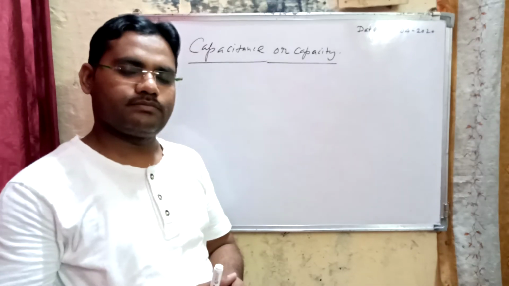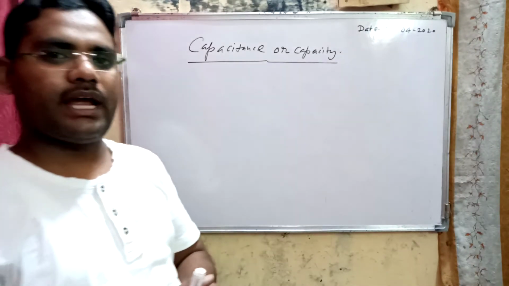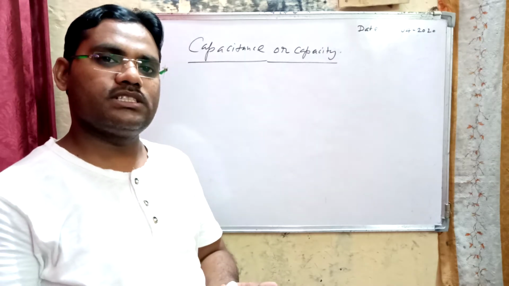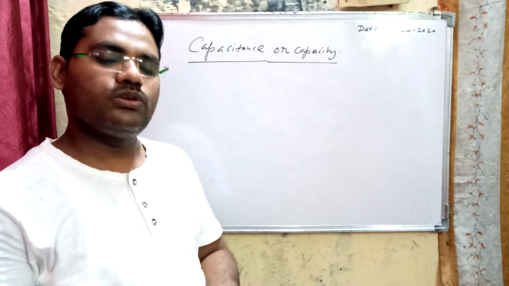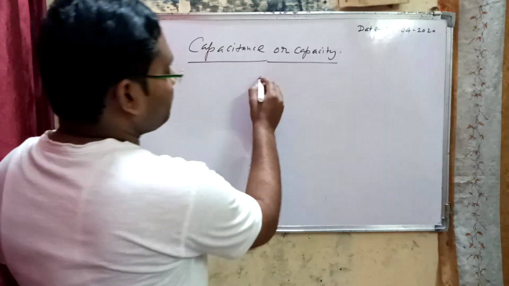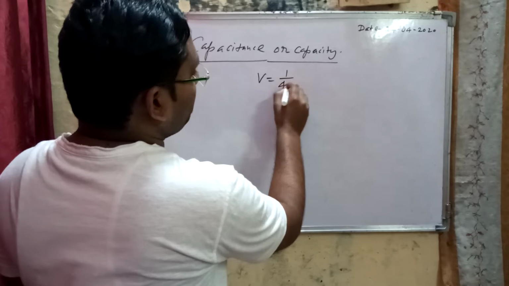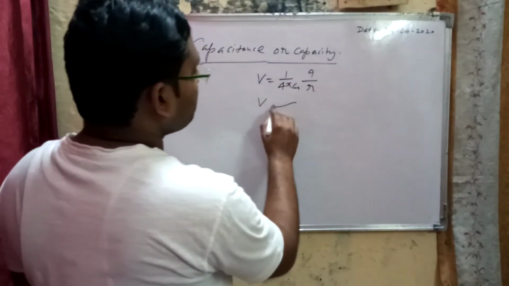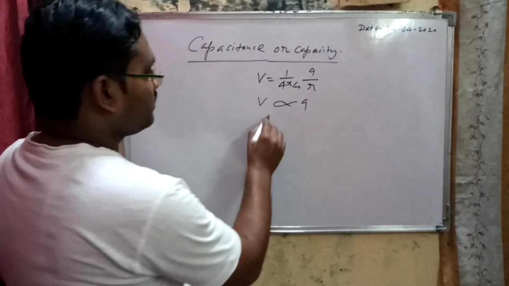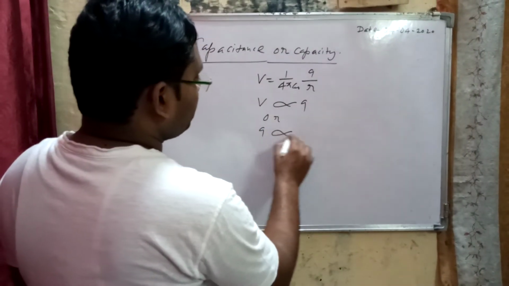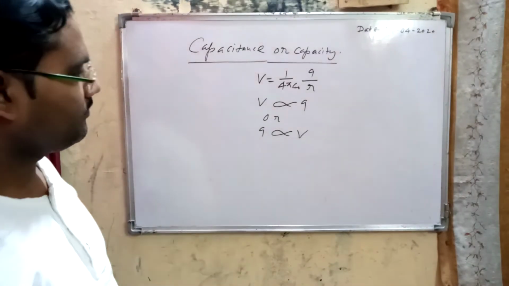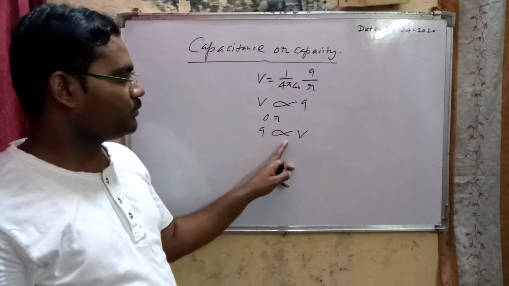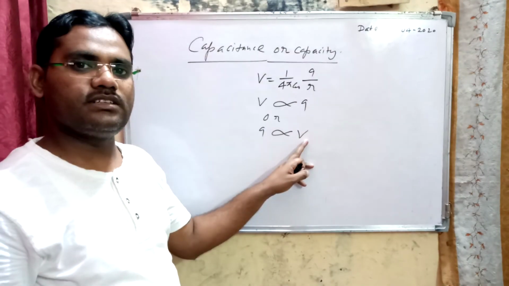Experimentally it is found that when charge is given to a conductor, its potential also increases. From this relation, V is equal to 1 divided by 4 pi epsilon naught Q by R, here V is directly proportional to Q, or Q is directly proportional to V. That means the charge given to the conductor is directly proportional to the corresponding increase in potential.